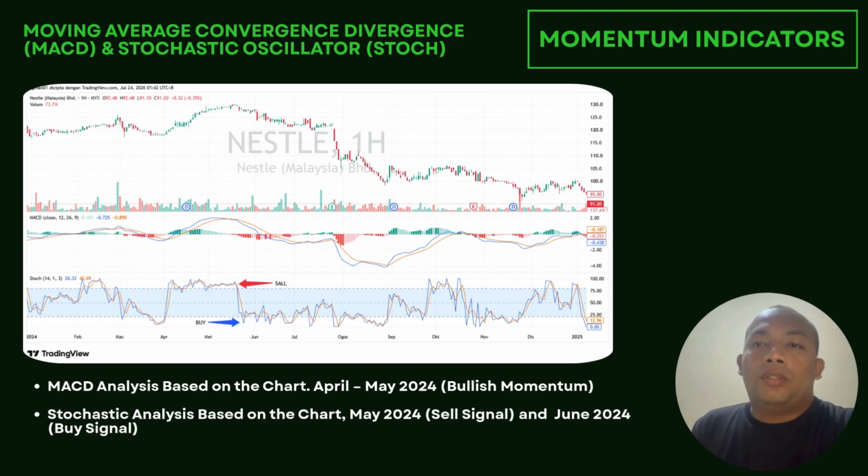The oscillator showed the same signal in May 2024, followed by a buy signal in June 2024 after the stock reached oversold condition. That signal indicated a short-term change in the market momentum.